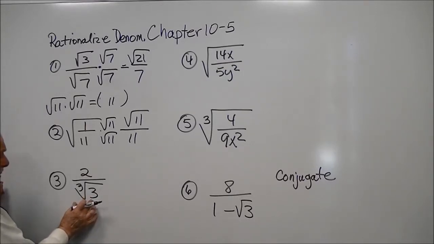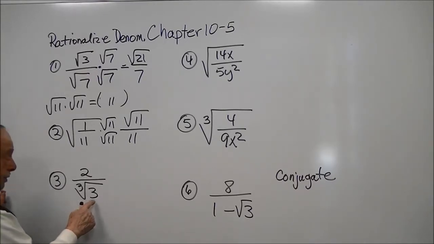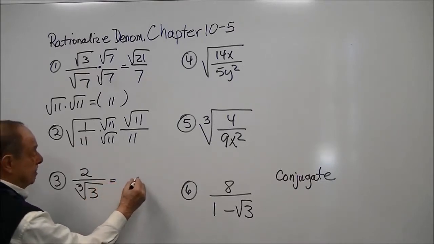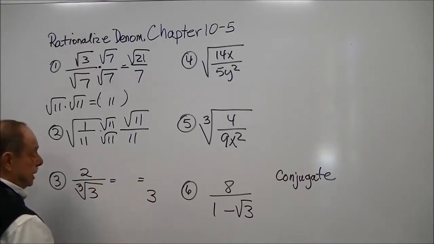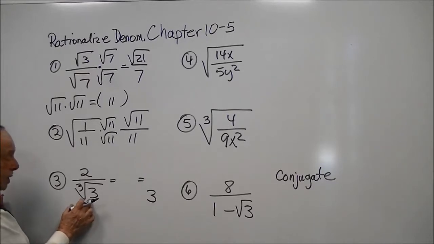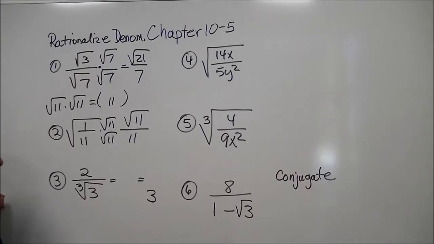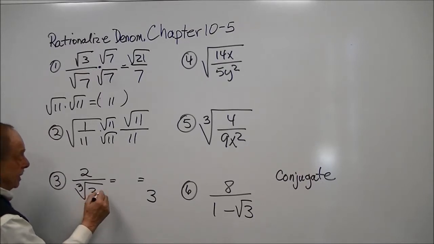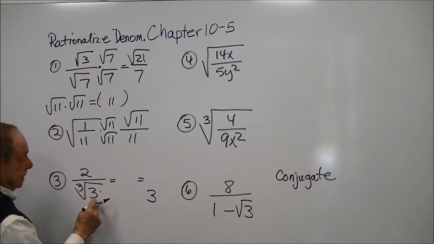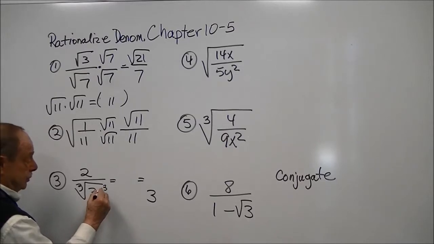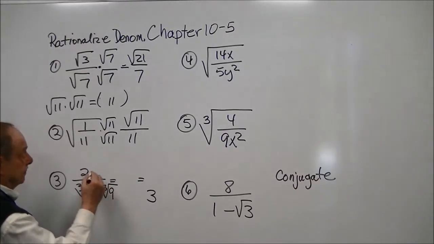All right, here it's not quite multiplying it by this because of the third root. Now, you want this denominator to become eventually a 3. So what would that be the cube root of to give you a 3? And that would be the cube root of 27. So what do I have to multiply this one by now to make it 27? Well, the cube root of 9.